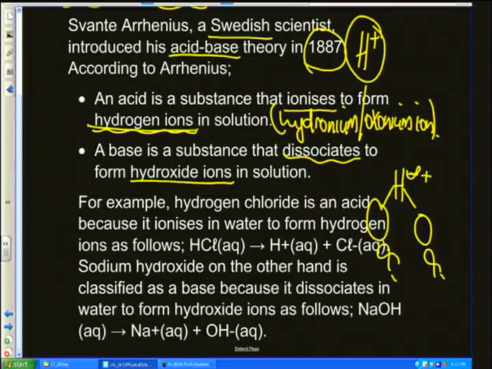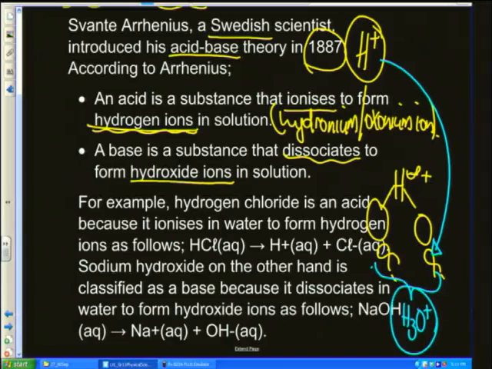The bonding electrons are pulled towards the oxygen atom, so the oxygen atom is slightly negative. So the hydrogen ion doesn't exist on its own inside a solution. It attaches itself to the slightly negative oxygen atom, forming what we call the hydronium ion or the oxonium ion, H3O+. That's why we will also be using the term hydronium or oxonium ion.